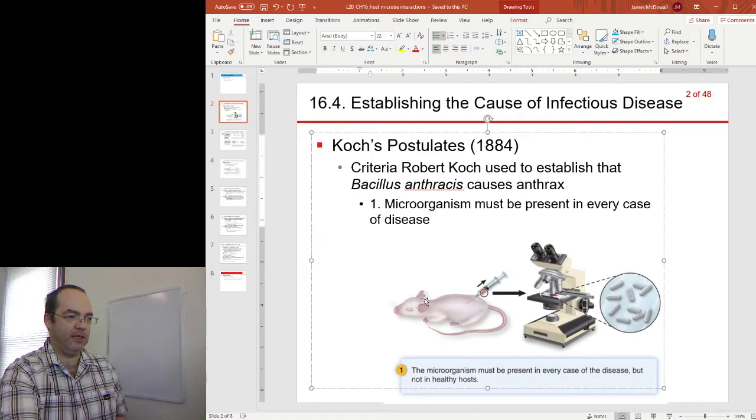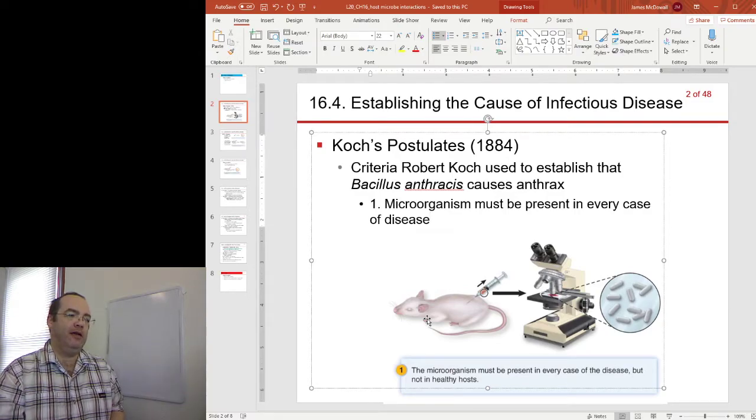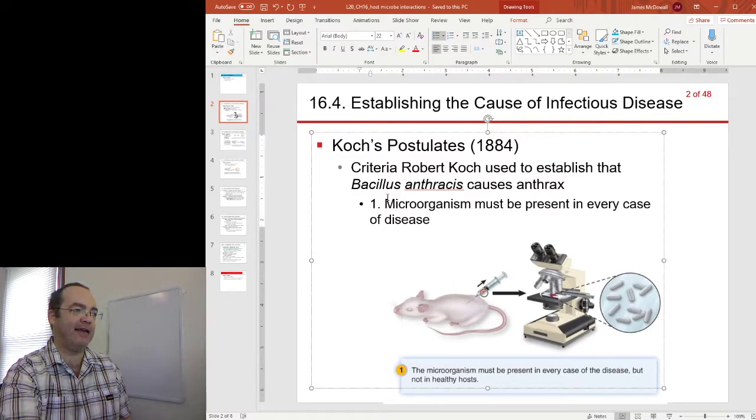So the dead mouse, having died from anthrax poisoning and having all the signs and symptoms of that particular disease, you could look at that mouse, and you would see that in every case the mouse had Bacillus anthracis in its body.